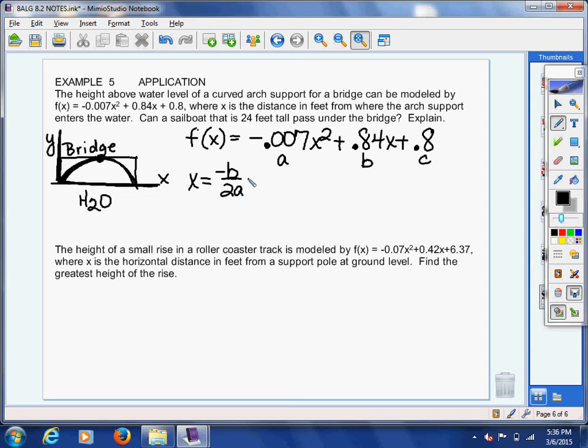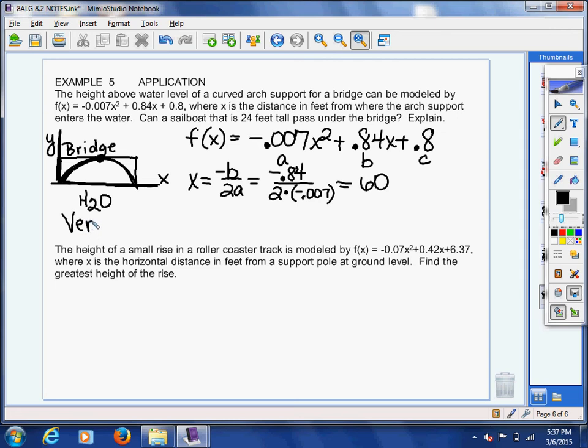So we're going to take the opposite of B, which is negative 0.84, and divide that by 2 times A. Well, A is negative 0.007. Okay? You're going to need a calculator for this. Those are some pretty tough numbers. So when you calculate it, you should end up with your x equaling 60.